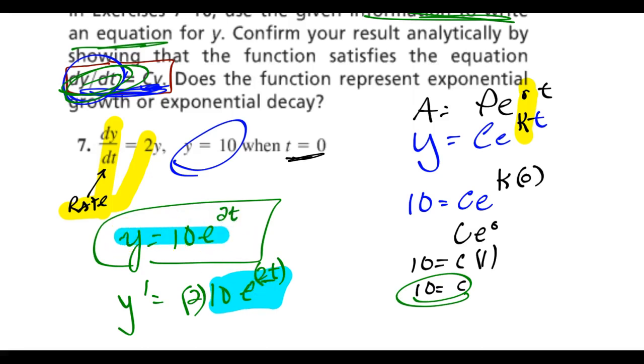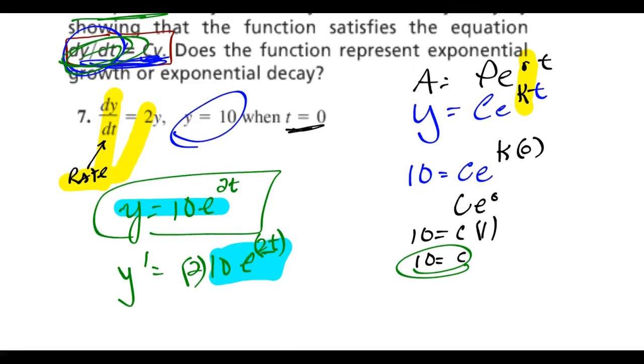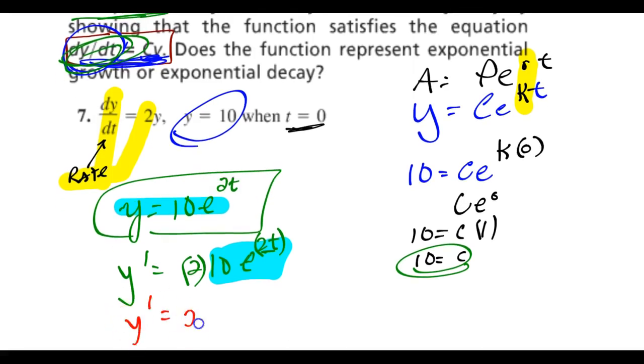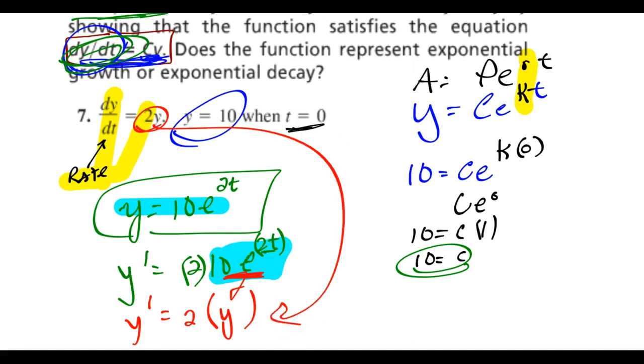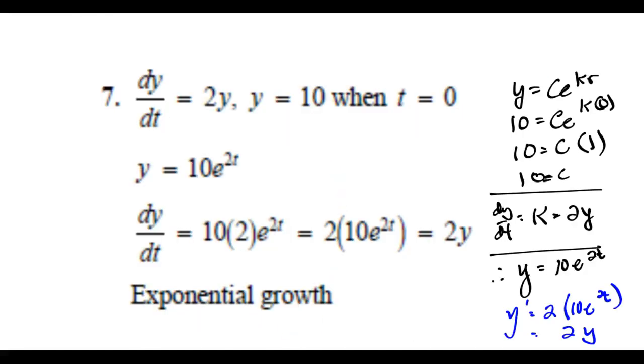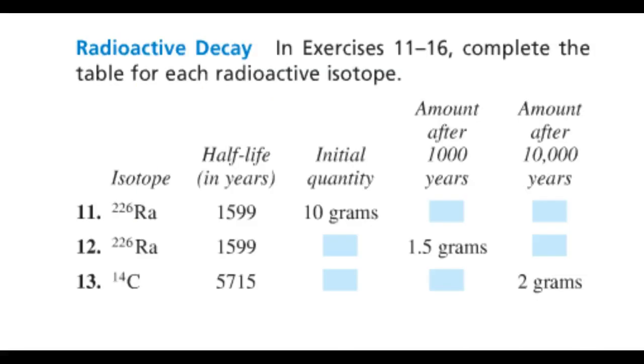And so I could just substitute all that. It's back substitution. So I could say y prime really is 2y, because all of this is the y value. And that's what they're saying. Aha, the rate really is doubling the y value. Oh, I'm glad I worked through those.